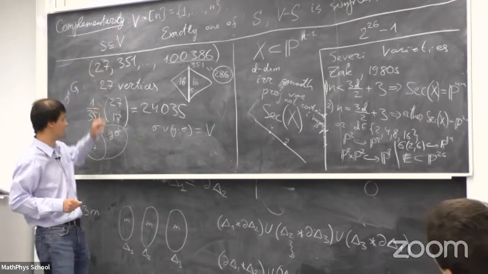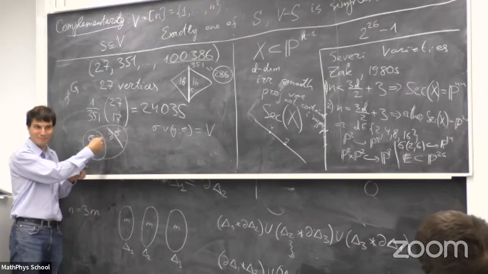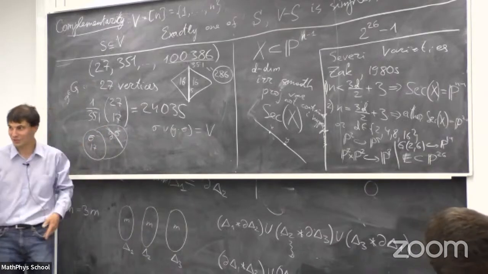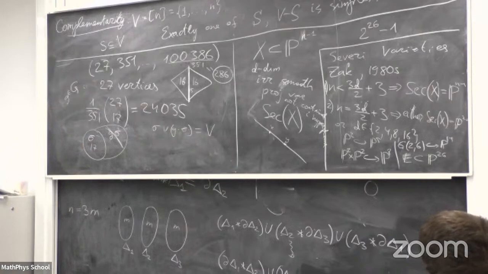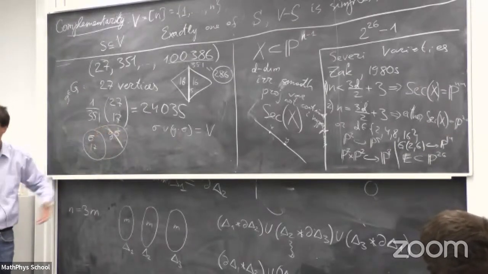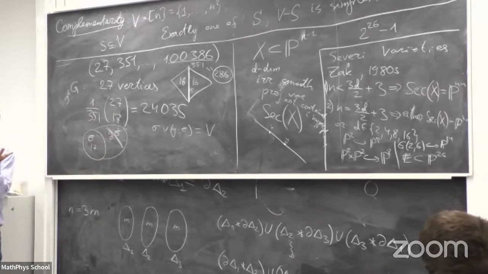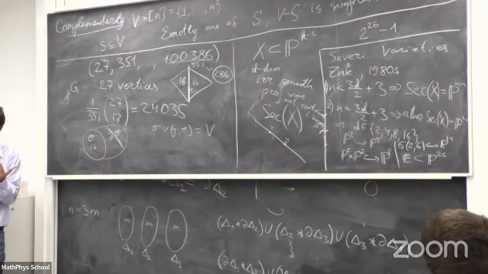Because I have complementarity, and I know that the complement of sigma is not a simplex, so it cannot be contained in another maximal simplex. But if sigma is a simplex, then G sigma is also a simplex. And then the complement of sigma is contained in G sigma, since they have 17 vertices each. It is not a maximal simplex, but it is a simplex. Any subset of a simplex is a simplex.